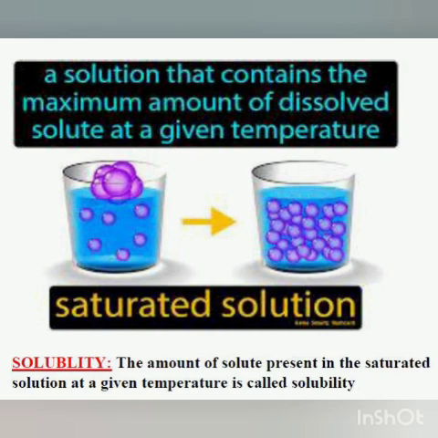Is the same amount of sugar also present in beaker 2? No. Different amounts of solute are present in the saturated solutions in beaker 1 and beaker 2, because some solutes dissolve fast and some dissolve slowly. So that is called solubility.